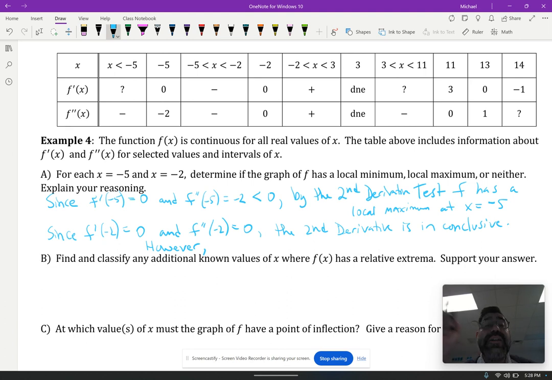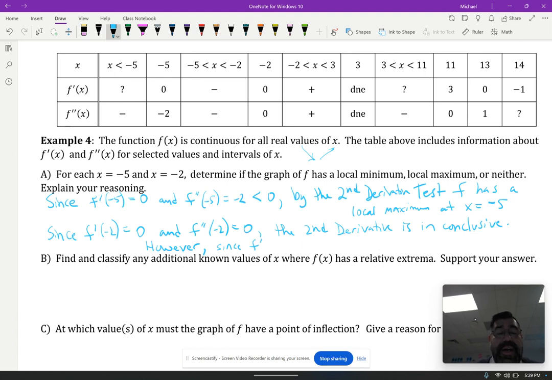But what I can do is go back to the first derivative test, because if you take a look, the first derivative changes from negative slopes to positive slopes. That means there's a relative minimum.